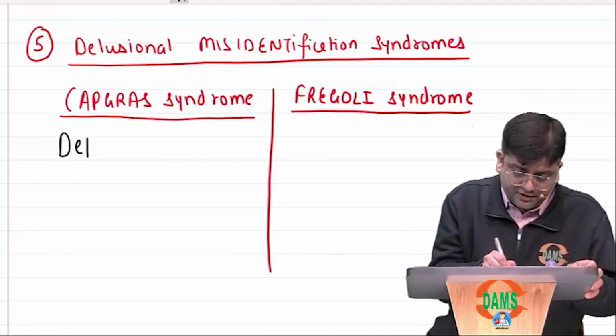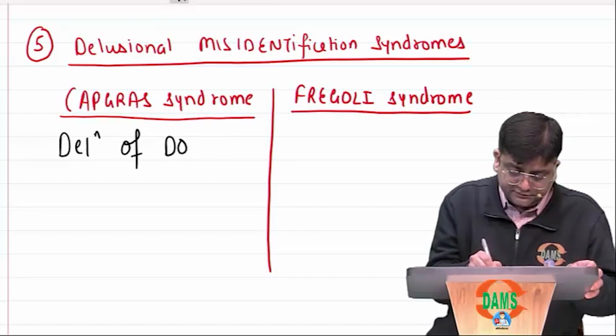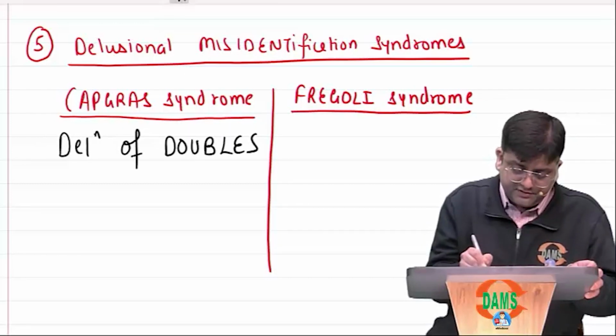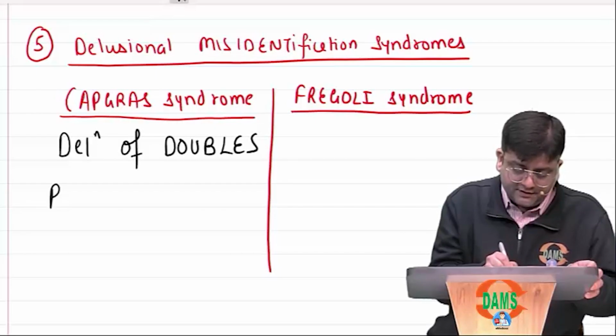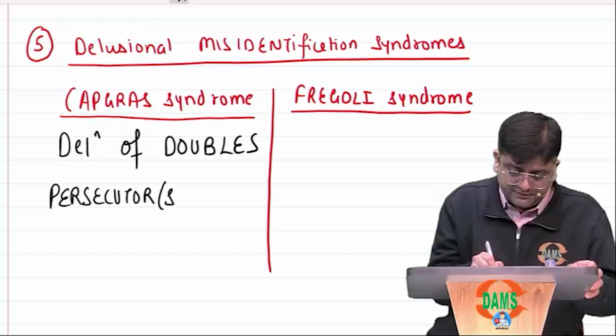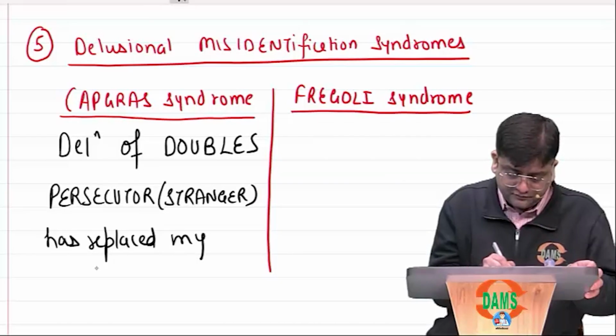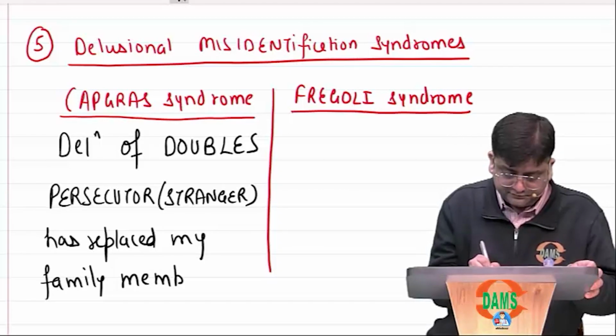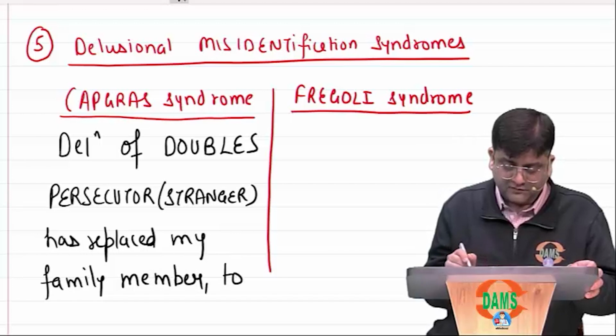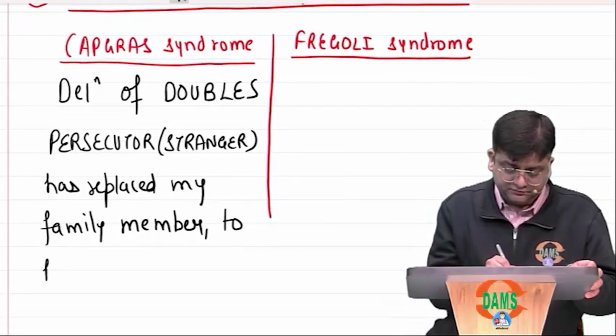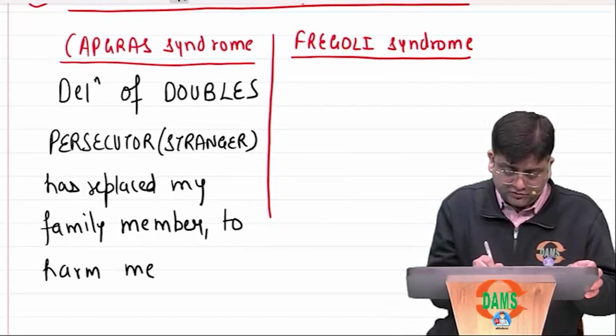Capgras syndrome is also known as delusion of doubles. In this, the person believes that a persecutor who is a stranger has replaced my family member to harm me.